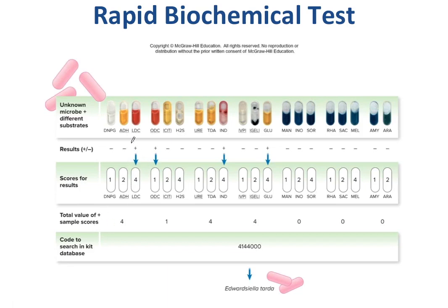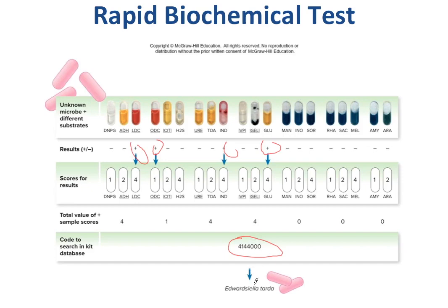So we can see here positive, and positive. Okay, so that means we got the number 41444000. So finally we have this numeric code. We can use this code to match with the code database provided by the companies.